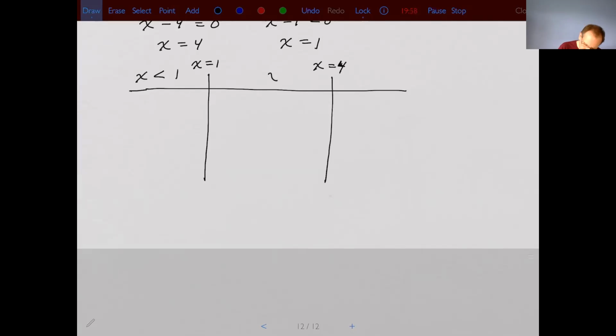This is between, so greater than 1 and less than 4. And this would be anything x greater than 4. So let's pick some test points. Less than 1, well, an easy one is 0, right? Between 1 and 4, maybe 2 or 3. Let's do 2, let's say. And then greater than 4, let's test 5.